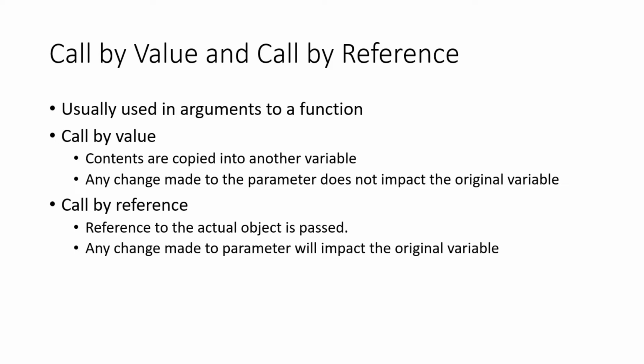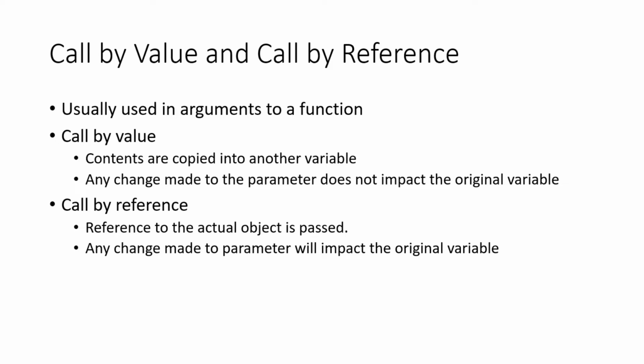Let me talk about what call by value is. If you recall in the past when we did the example, I had the switch statement in a function and I was calling it by value. If you don't see any special characters before or after the argument, chances are it's called by value.